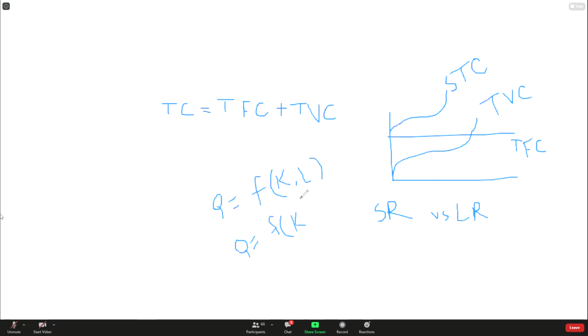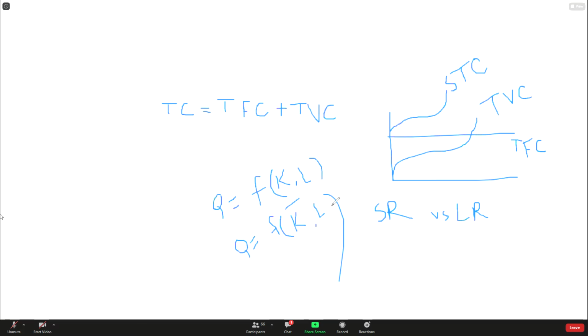This way, that capital is fixed, labor is variable. So it means, look, what amount of raw materials you have. One raw material is fixed and another one is variable.